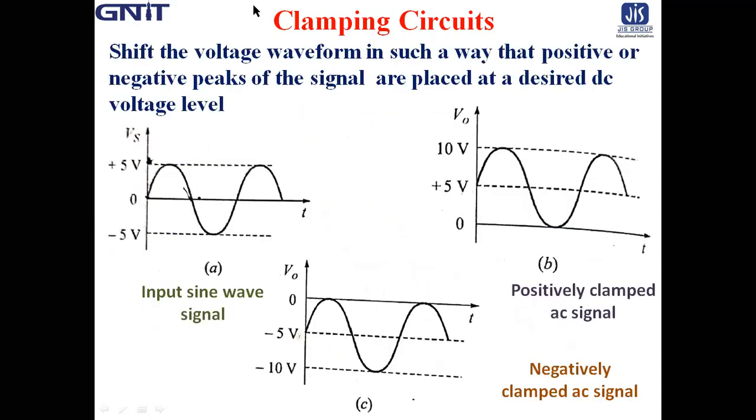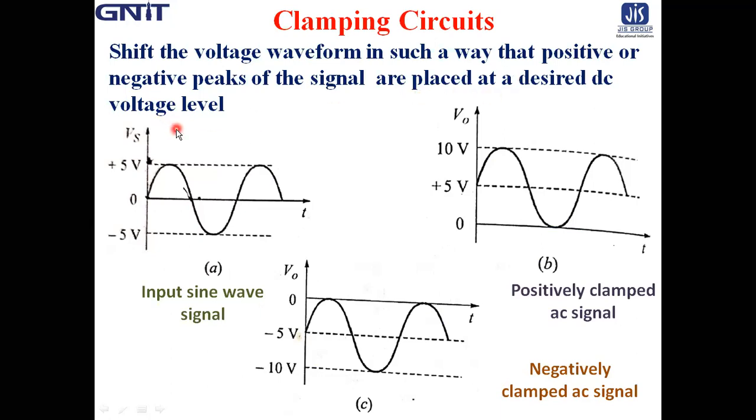So I move on to the clamping circuit. What do you mean by clamping? Clamping circuits shift the voltage waveform in such a way that the positive or negative peaks of the signal are placed at a desired DC level.